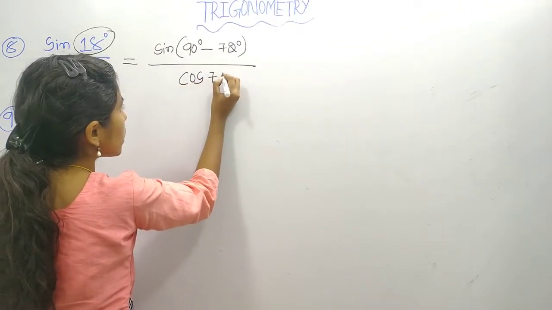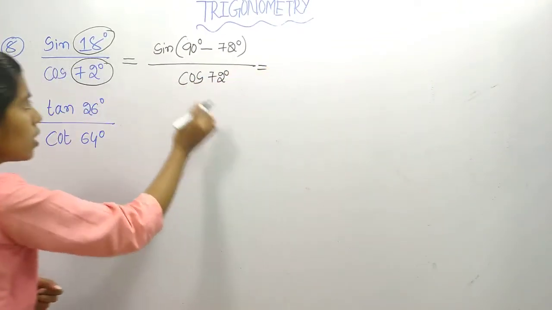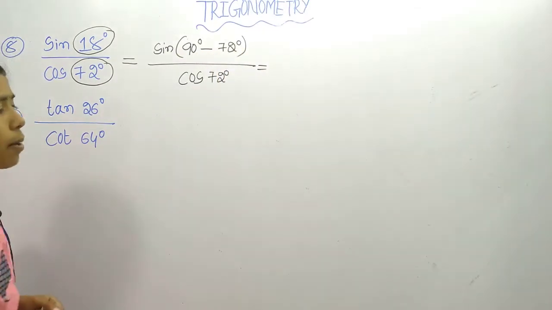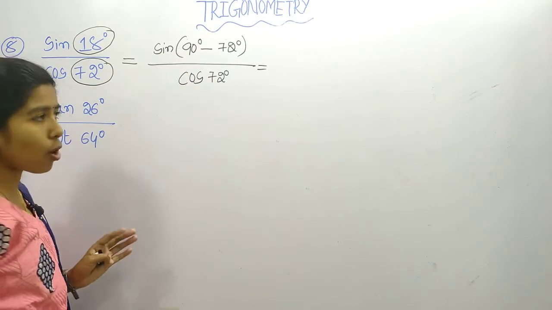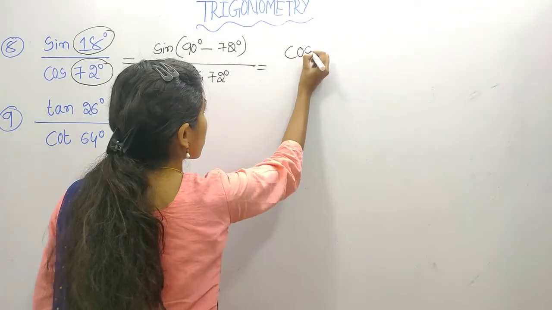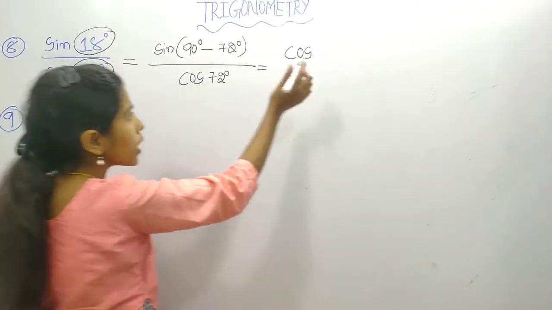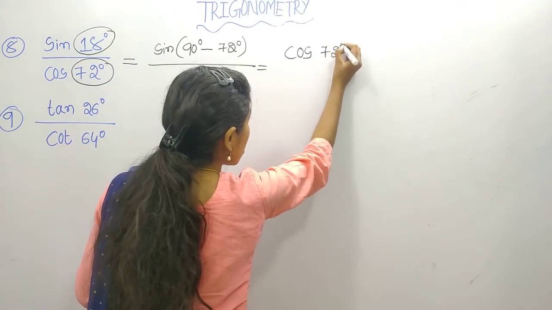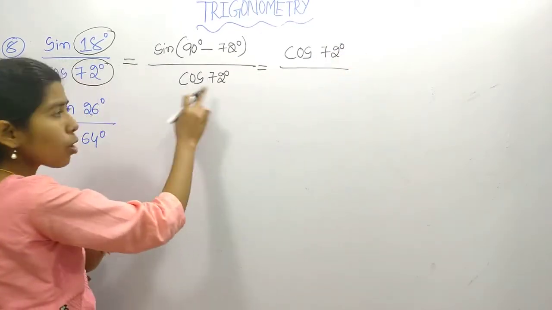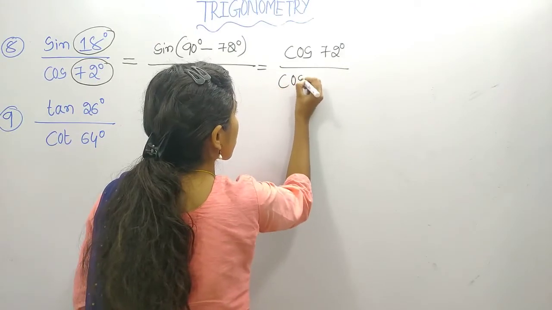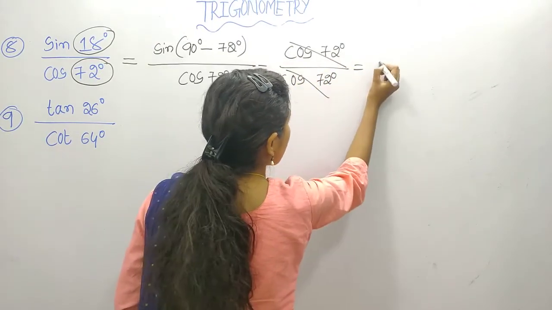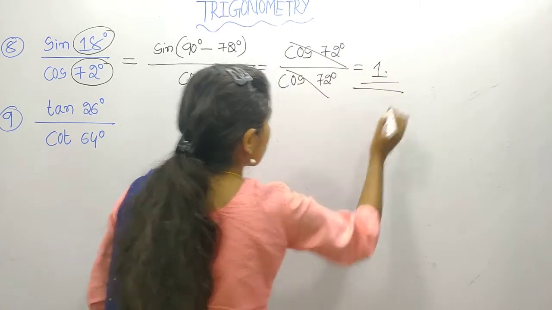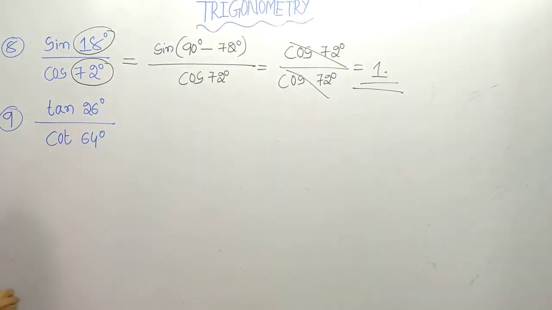So sin(90 - theta): in the first class we learnt that sin(90 - theta) is cos theta. So here it is cos 72 degree divided by cos 72 degree. So they will cancel each other and it will come 1. Okay, next move to the next question.